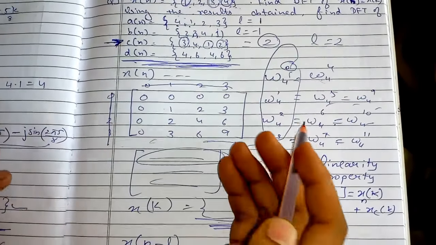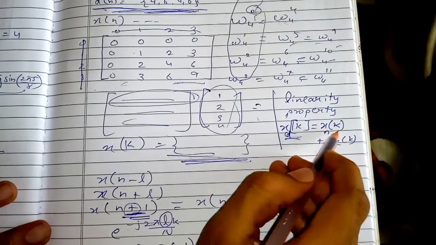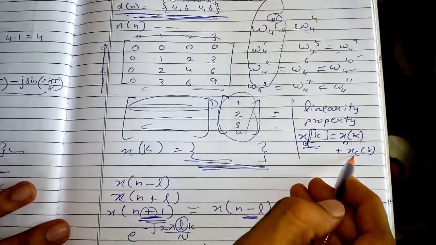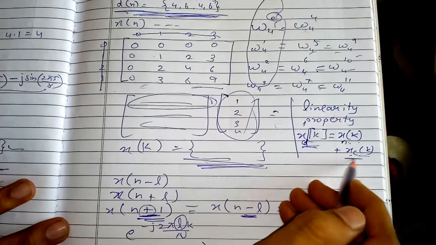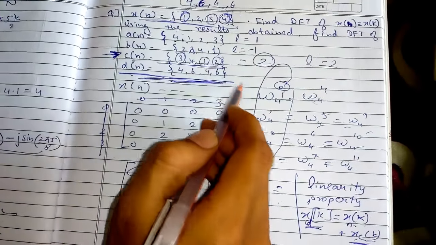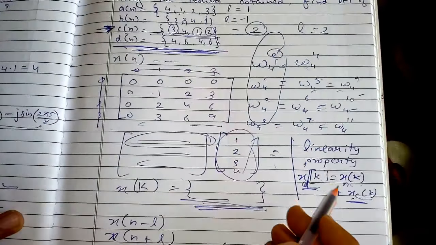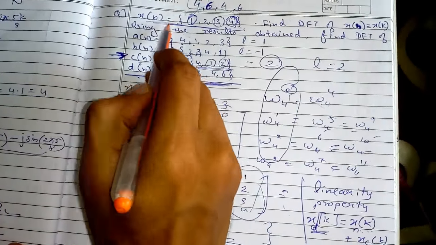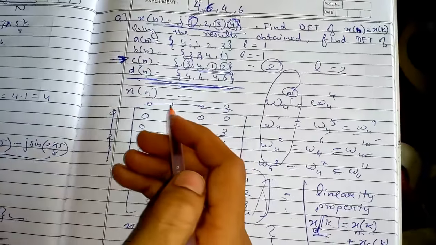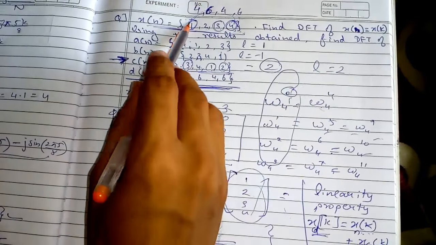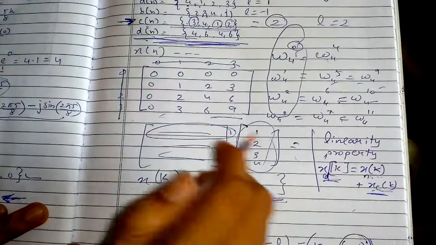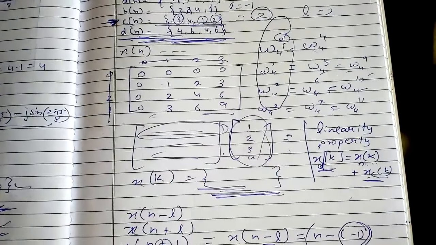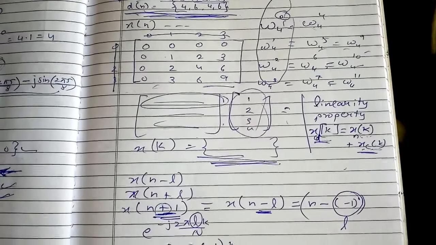I have already found the x of k for the given x of n, and I have already found the x of k for the given c of n. I told you how to find it. What you can do is just add, and since d of n is nothing but x of n plus c of n, d of k must also be equal to x of k plus c of k. So just add the values that you get and finally you will have x d of k, which was asked in the question. Simple, isn't it?